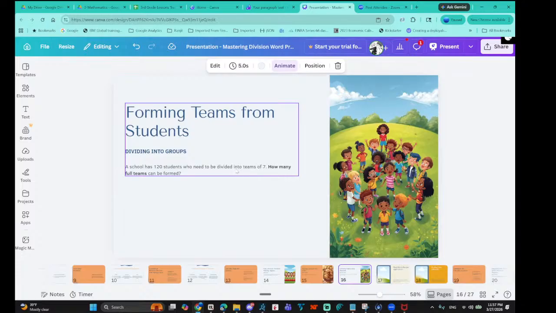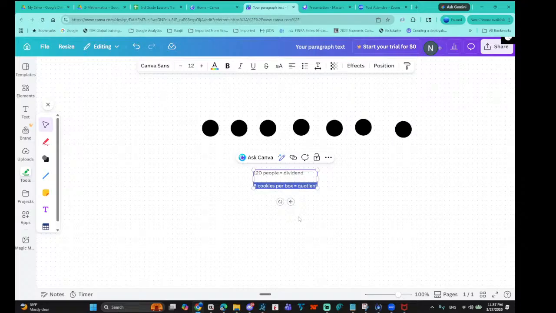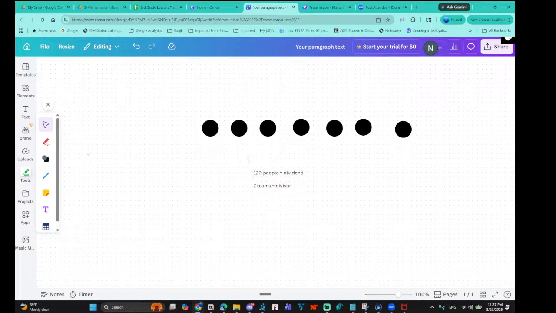So this is where you have to underline the specifics because there are very important keywords in here. So it says divided into teams of 7. So we know that the divisor will be 7, right? Okay.